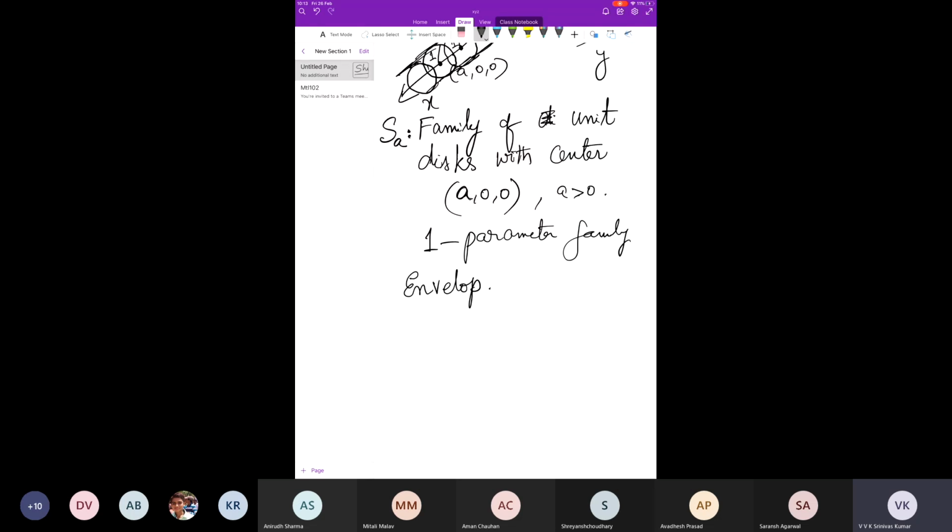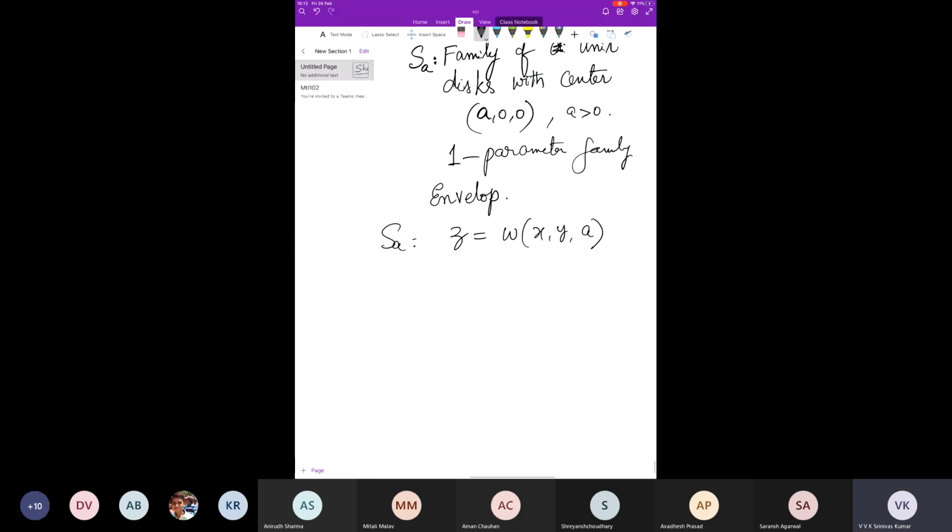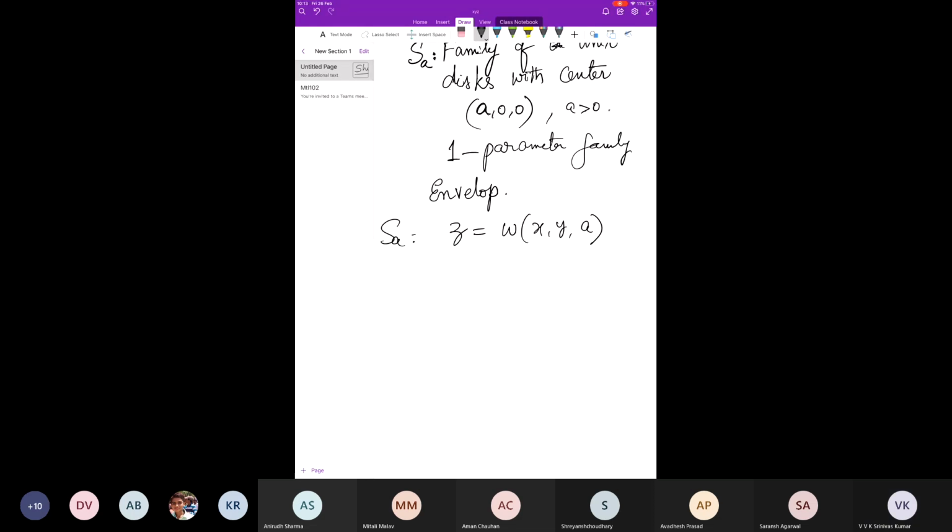Because this is a function, this z I'm denoting it by w of x, y, a. These are the surfaces S_a. I take this equal to 0, and because this is a function of a only, I can differentiate this with respect to a and equate it to 0.